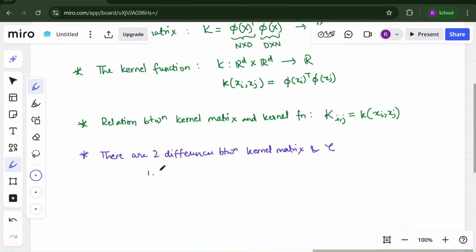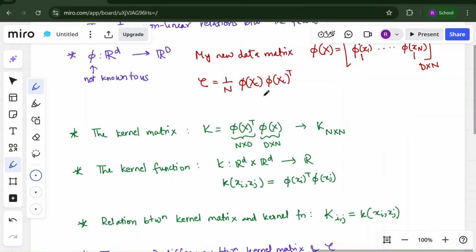What are the two differences? Number one is that there is a centering first. You can observe that there is xc instead of x. And what is this xc, by the way?